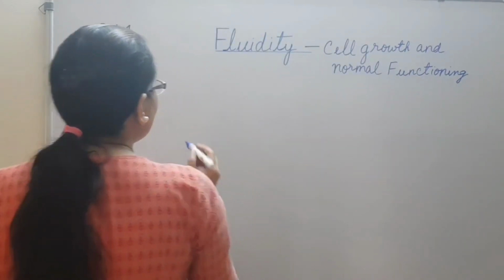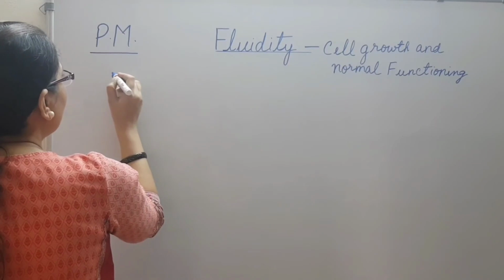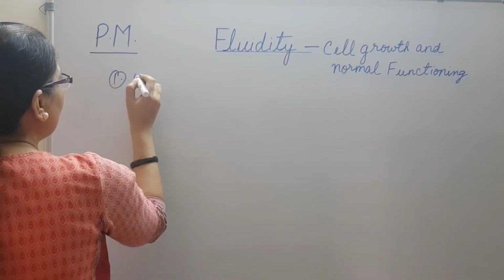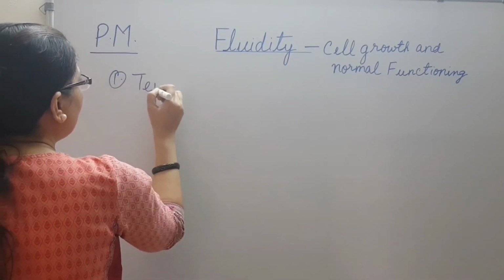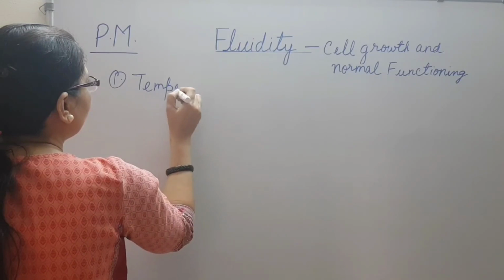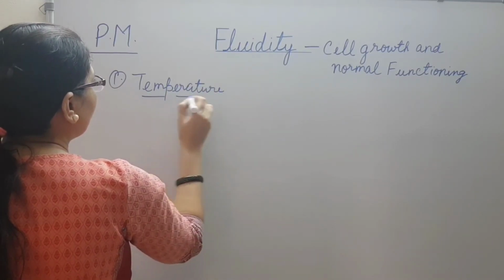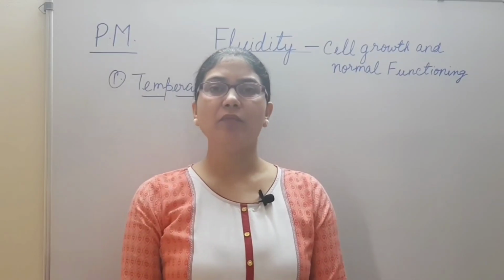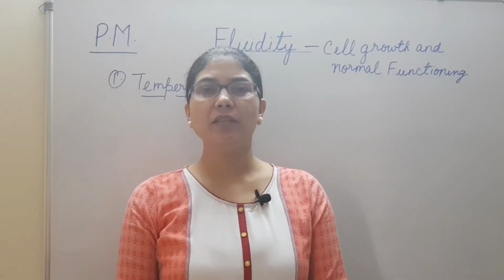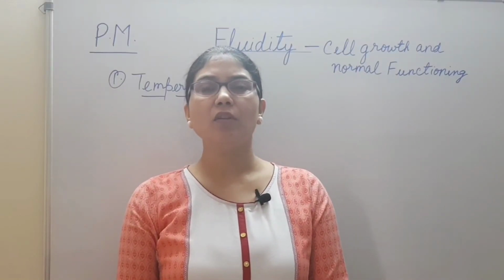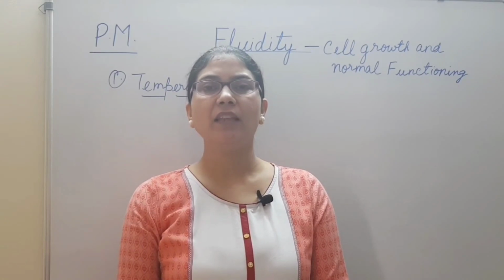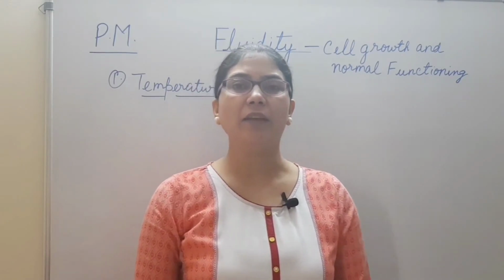There are various factors that affect the fluidity of plasma membrane. First is temperature. As the temperature increases, the fluidity of the membrane increases, and a decrease in temperature causes a decrease in fluidity, and the membrane becomes more organized and gel-like.